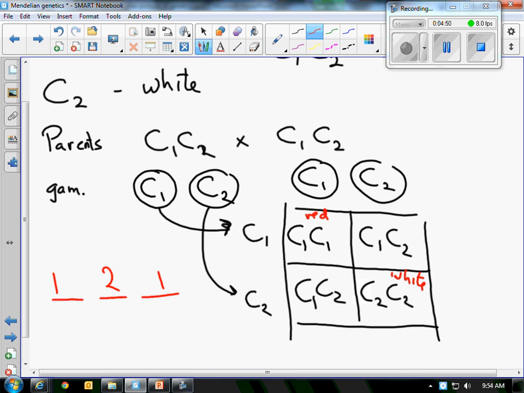So this could be used on an exam, and in the numerical response, they might ask you the ratio of red to roan to white. And you should say the ratio is 1 to 2 to 1. And if you do that kind of a question, do the ratios in the smallest whole numbers.